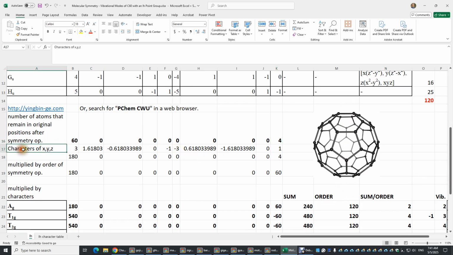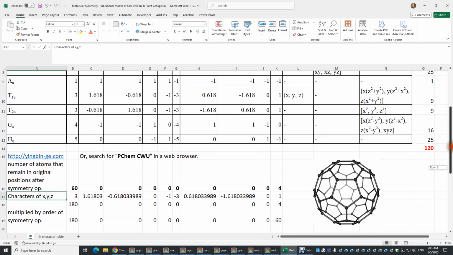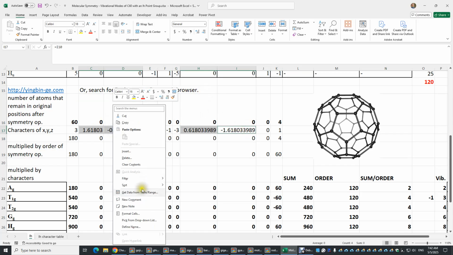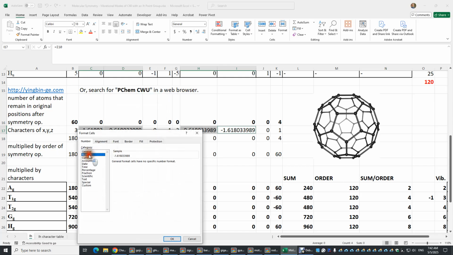And now we need the characters of the XYZ translation. It's here. We just copy these 10 numbers here. Maybe I should just format this a little bit better.